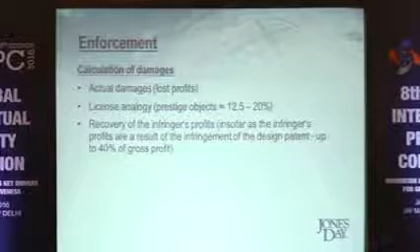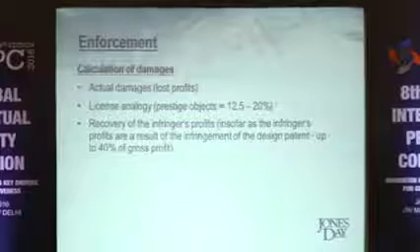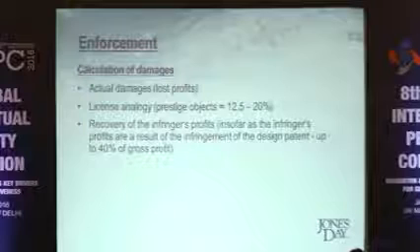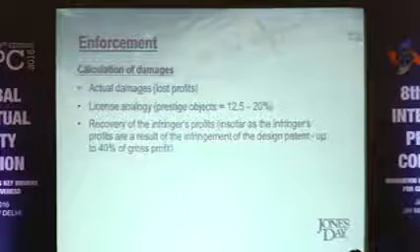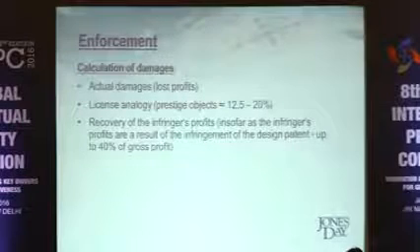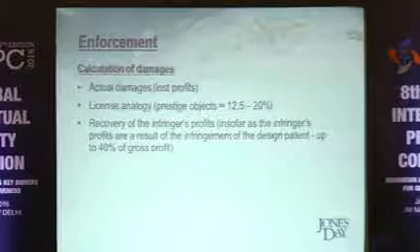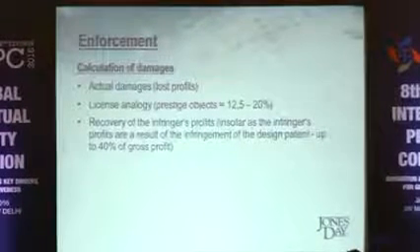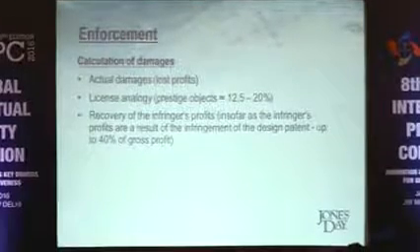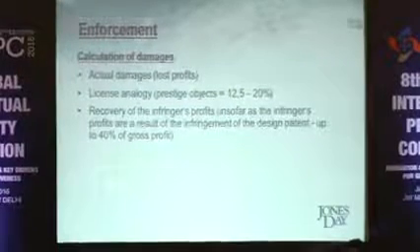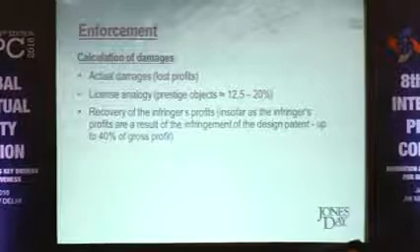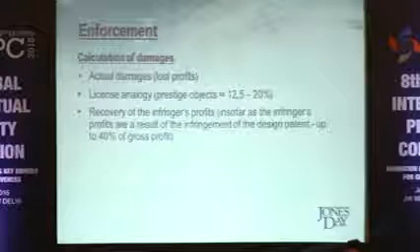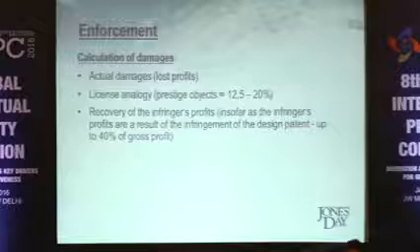For example, on trade shows, it is very often highly useful to have a design patent which can be immediately enforced by an interim injunction, as everybody clearly can compare one design with another design, whereas with respect to the complicated language of a claim of a utility patent, that might cause problems. However, when it comes to the calculation of damages, we have the same three alternatives as we do have for patents. It's the calculation of the actual damages, the license analogy, and the recovery of the infringer's profits.